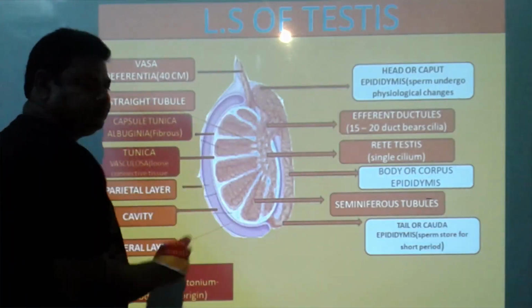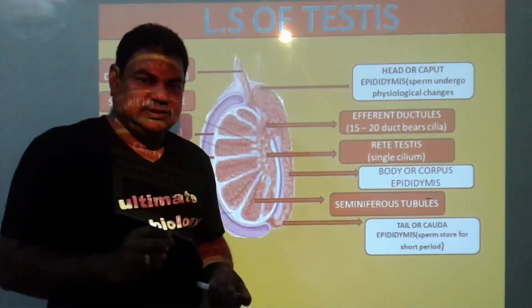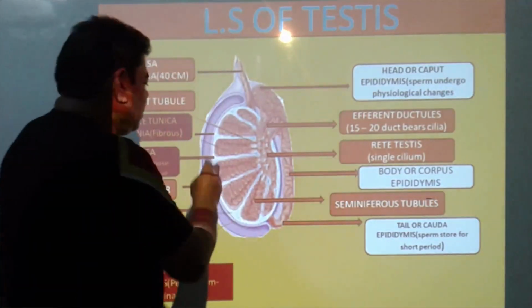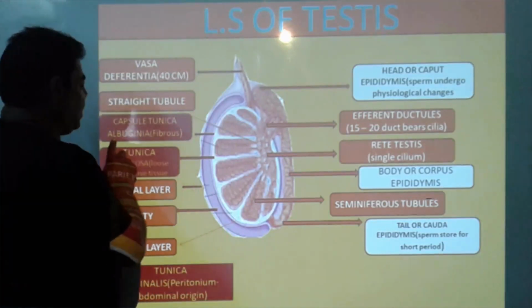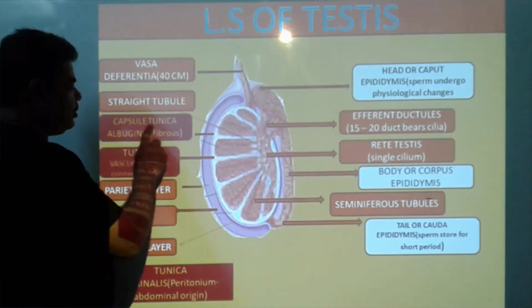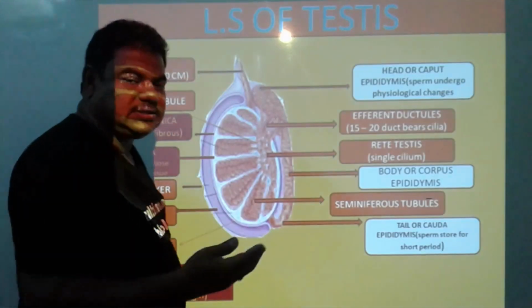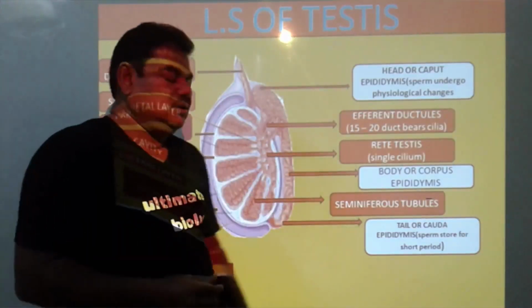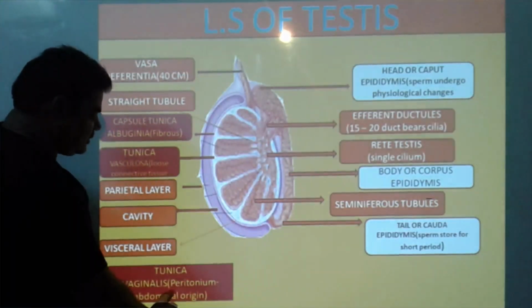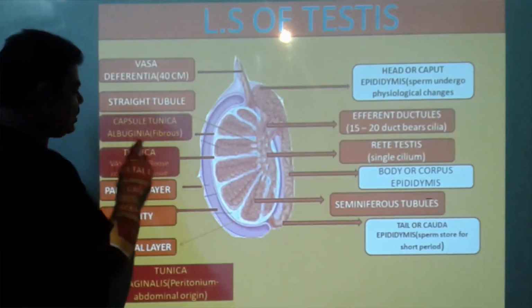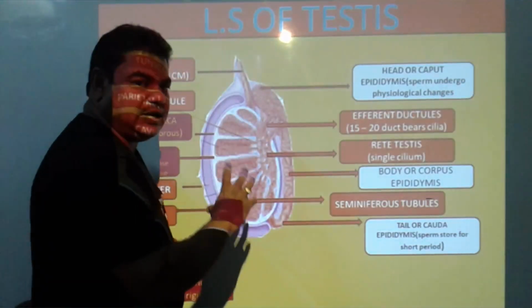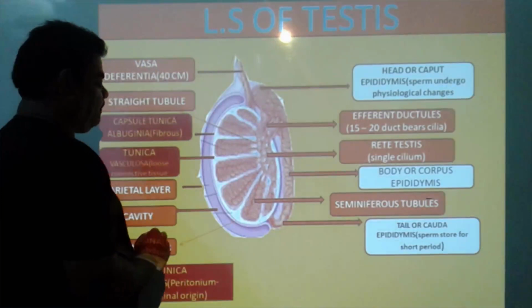It protects the testes, because tunica means tunicates, one protective layer. So the tunica vaginalis, tunica vesiculosa, and tunica albuginea protect the testes.